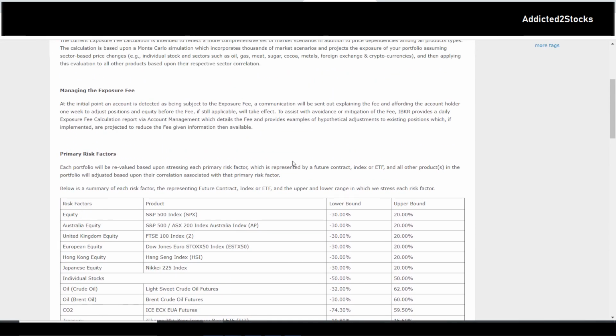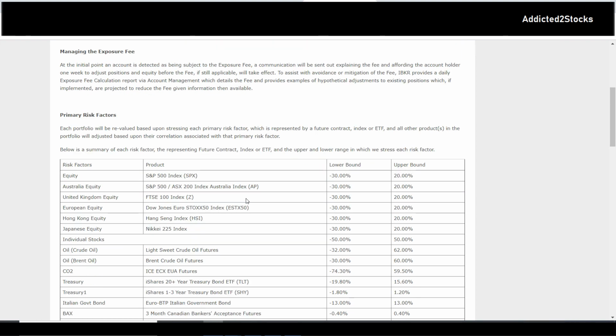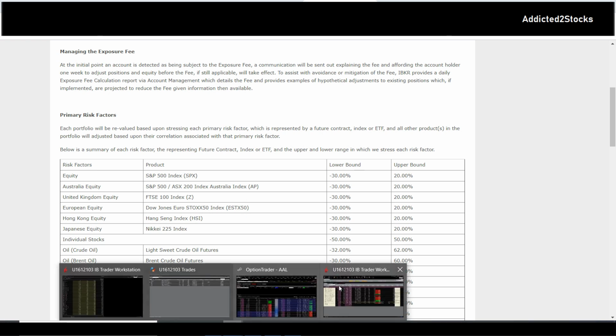In my experience, they tend to occur mostly with futures, and usually future options, if you're on the short side, and also the lower the delta is, the higher the chance. I haven't experienced it that much with ETFs. So I would like to show you where you can find that exposure fee in your account.